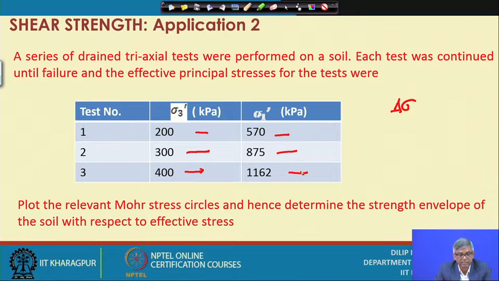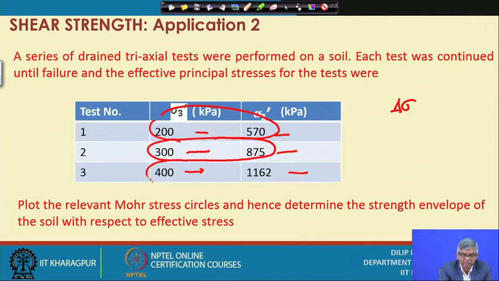So, from this test we are getting this is one set, this is another set, and this is another set. So, we are getting 3 sets of data, and this data can be plotted in the form of Mohr circles, and then we can draw the common tangent.